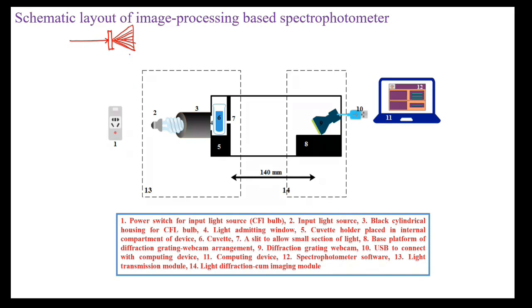Now, after this spectral decomposition, if you have a CMOS chip over here, the decomposed light falls on the surface of the chip.